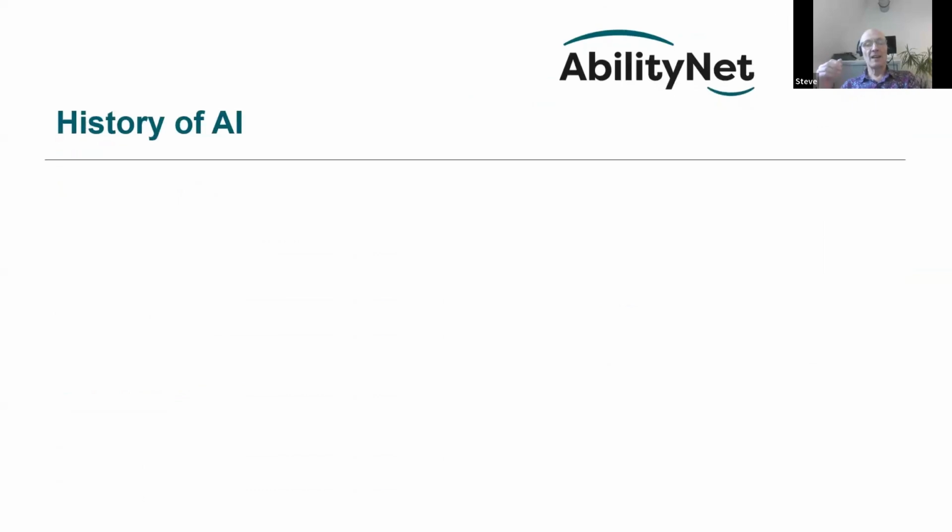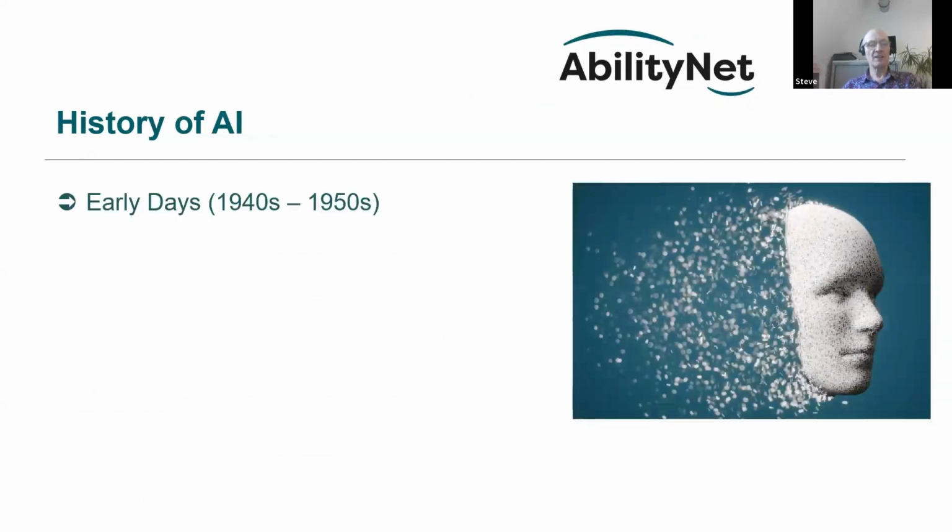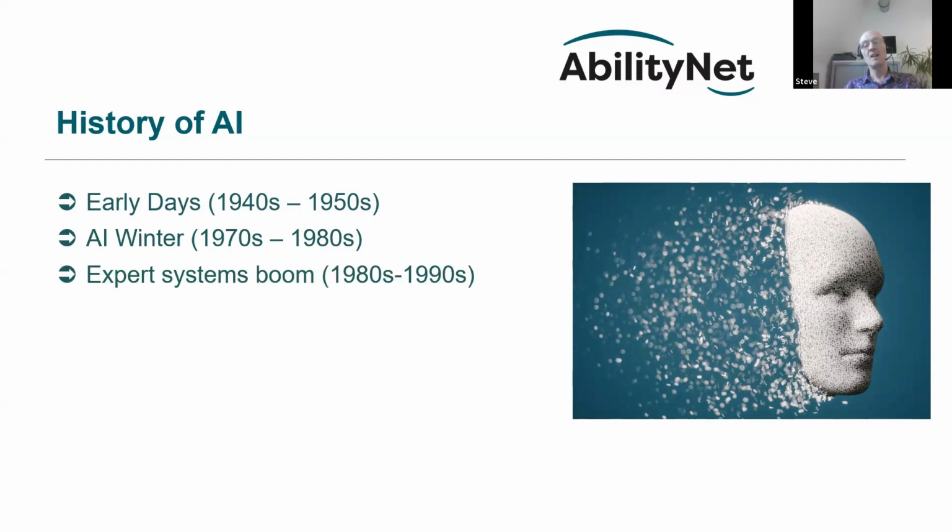So AI is older than we might imagine. It goes back as far really as computing does, the 40s and 50s. The original AI conference was in 1956 in the States. There was a period of time when development paused, or it didn't stop, but the development was very, very slow. It's called the AI winter. In the 1980s, there was a rebirth, a flowering of what are called expert systems.